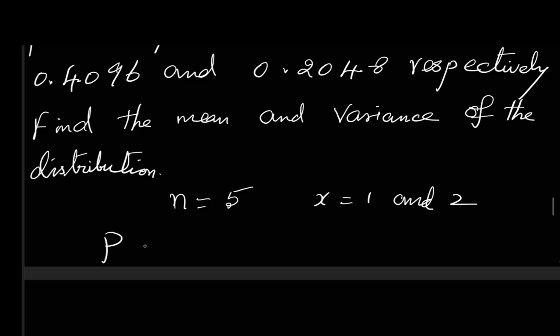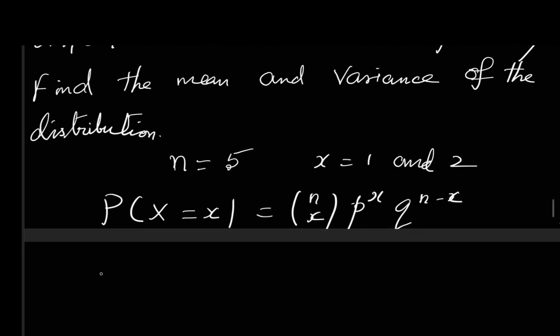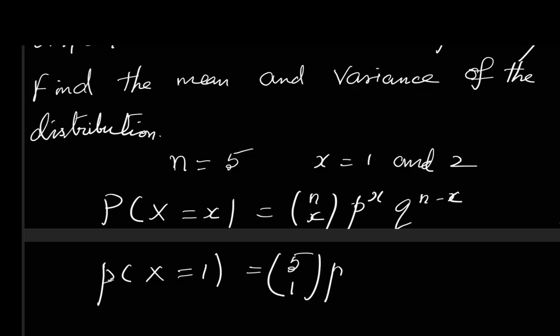So distribution function is P of x equal to nCx, P power x, Q power n minus x. So here when x is equal to 1, P of x equal to 1, n is here 5, 5C1, P power 1, Q power n, 5 minus 1 is 4.